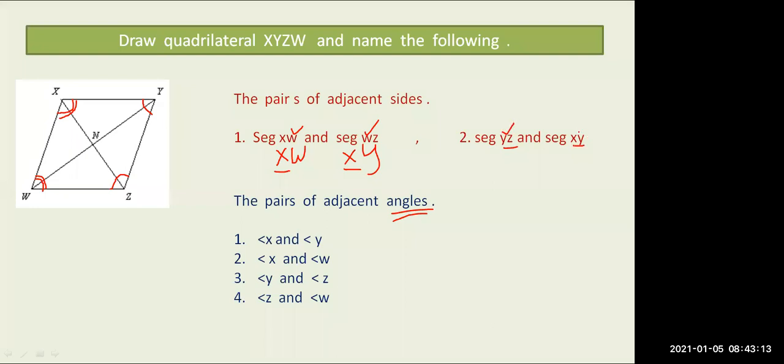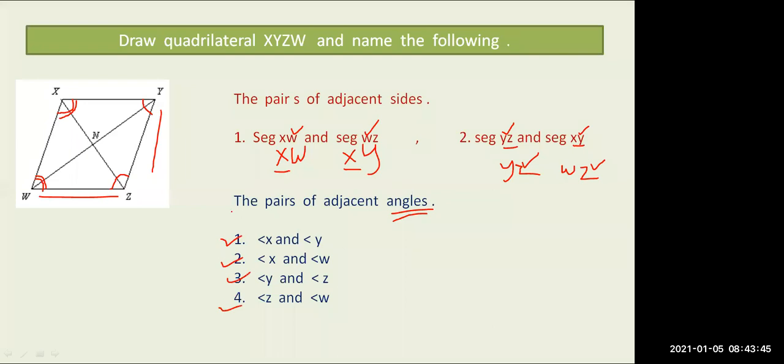Here also Y and Y is common, but YZ is also adjacent to WZ. See, YZ is here. ये भी बाजू बाजू में है. They are also neighboring. So here also Z and Z is common. So these are the 4 pairs of adjacent sides and 4 pairs of adjacent angles. Okay, these are the things.